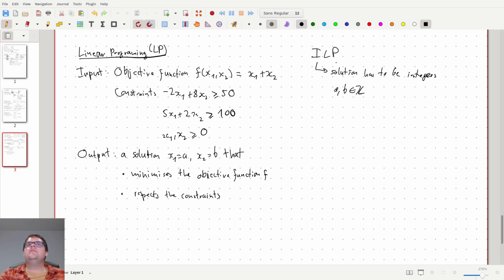This variant is going to be in NP, because it's much harder to find integer solutions. With real numbers, you can take all the decimal values in between. That gives you a much bigger solution space, much more room to work with. But this is actually going to be really hard to do. It's in NP because you have to guess much larger numbers, so it might take potentially a really long time. Yeah, so that's the idea.